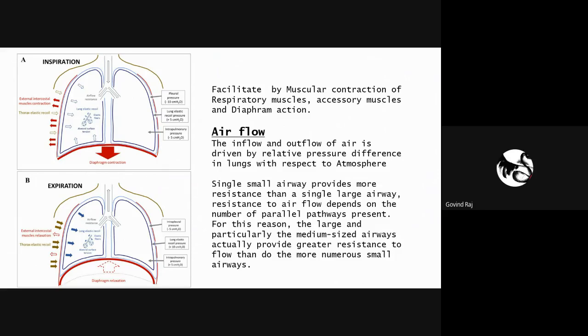So when comparing the smaller airways, the larger and medium sized airways have more turbulent airflow, so that the airflow is very less in that portion. We know that in gases there is Brownian motion. That is, the molecules of air have a random movement.